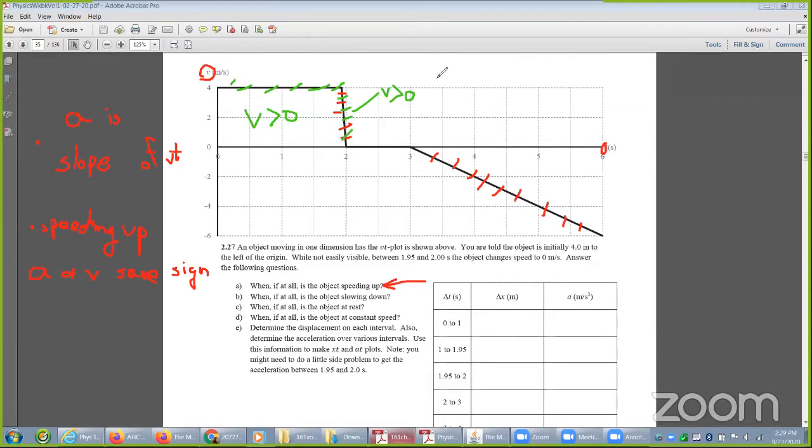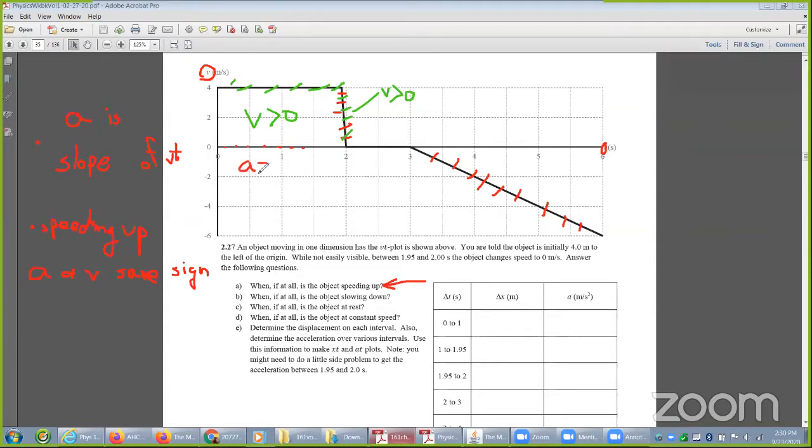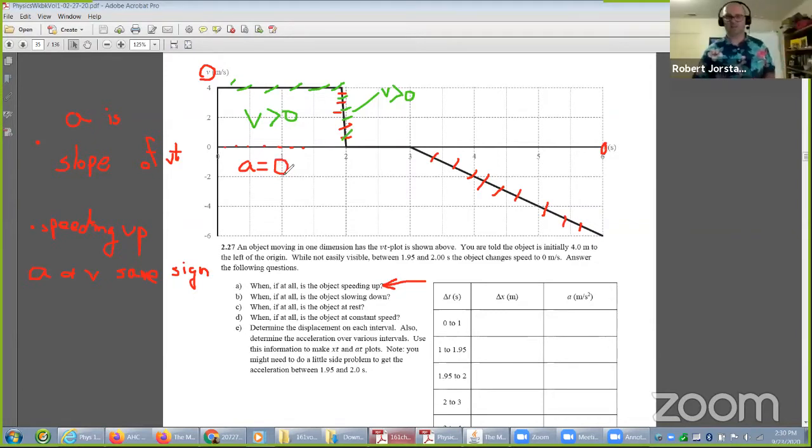And now what's the acceleration in this time interval, the first seconds? It's constant. Constant what? So 0. The velocity is constant, which means acceleration is 0. Do you agree this is A equals 0 as well? Yes.